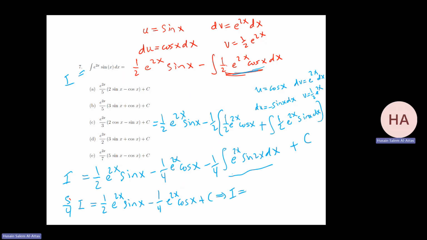So I will be e to the x over 5 as a common factor, times 2 sine x minus cosine x, plus C. And that's my answer.